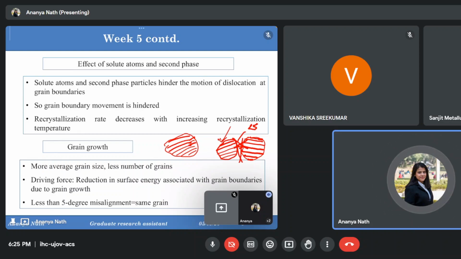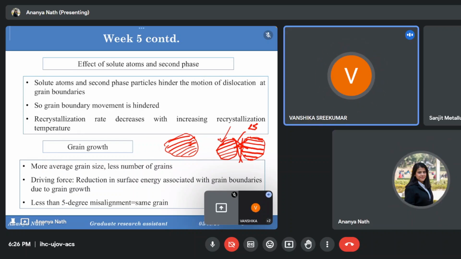I am talking about the normal grains which are present inside every material. So if the grains have less than 5 degree, they will be observed as the same grain. If you are seeing under the microscope, you cannot distinguish two grains if there is less than 5 degree misalignment.